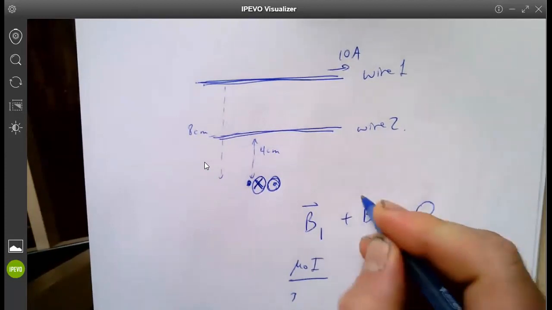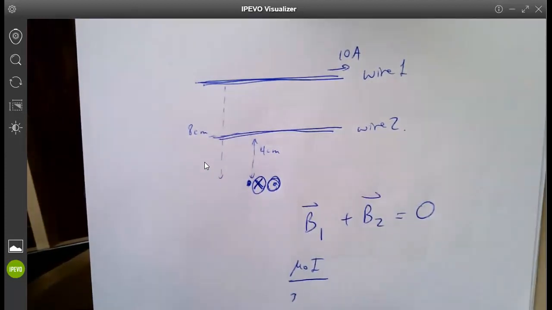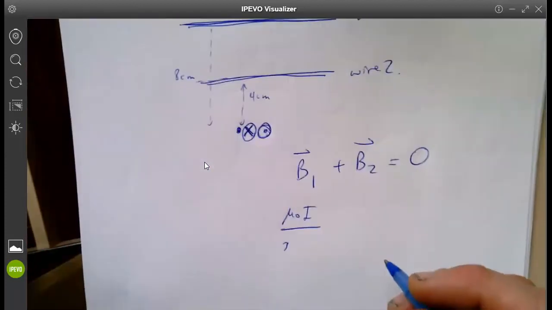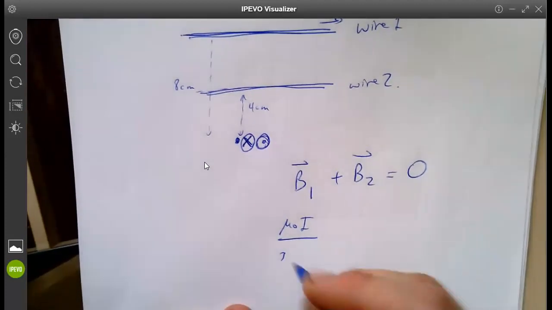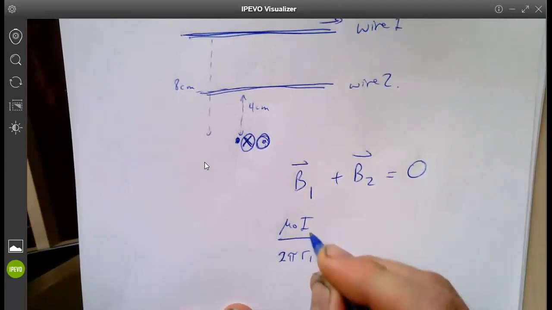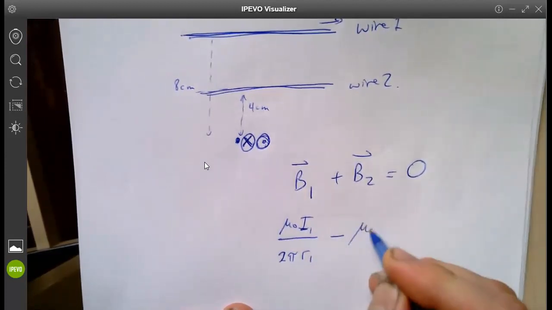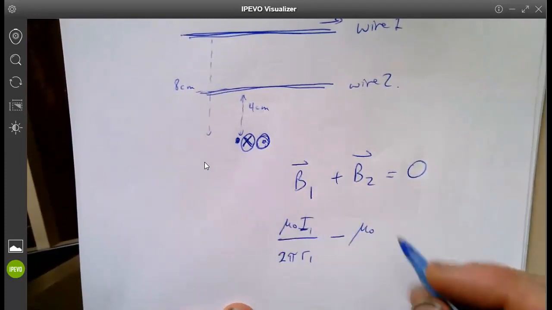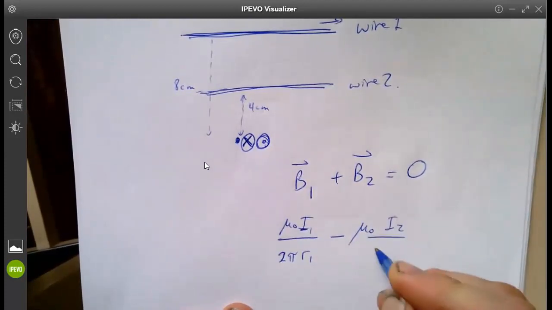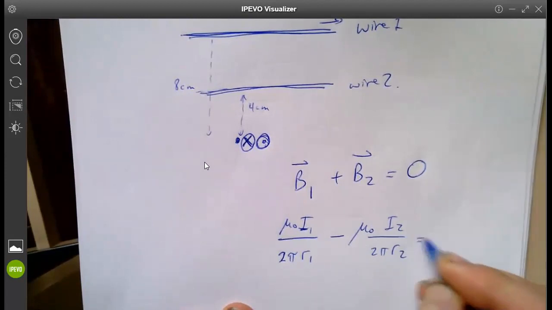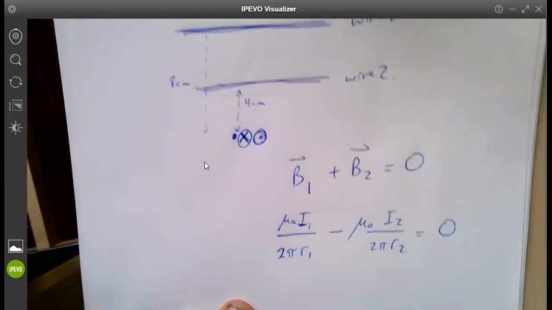So the sum of these two vectors should be 0. Using the formula for a magnetic field, mu naught I1 over 2 pi R1, minus, which means the opposite direction, mu naught I2 over 2 pi R2, is going to be equal to 0.